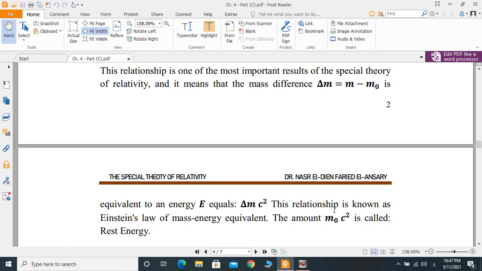This relationship is known as Einstein's law of mass-energy equivalence, and the amount m naught c square is called rest energy.